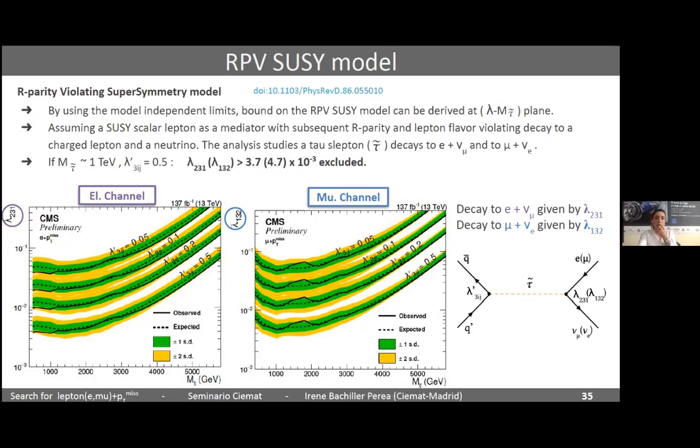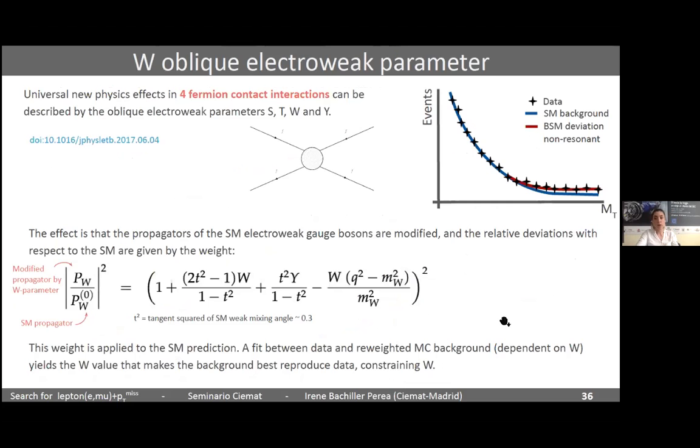Now we move to the non-resonant, this is the W oblique electroweak parameter. We already introduced that there is a universal new physics effect in the four-Fermi interaction that can be described by this parameter.